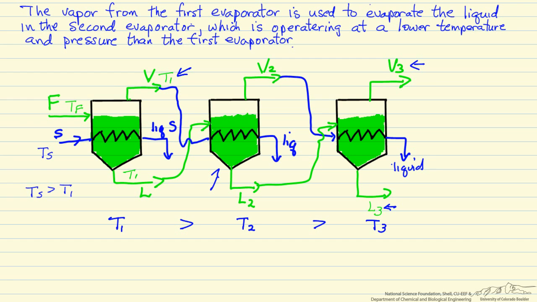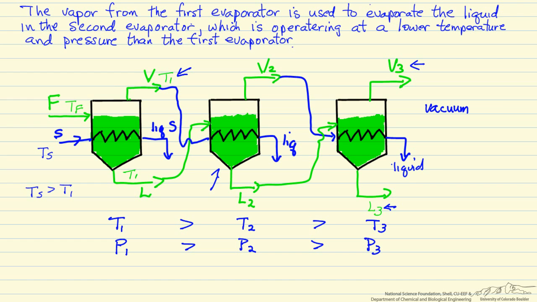If we ignore the boiling point rise due to the solute in the liquid, then we can use steam tables to also determine the pressure. If the first effect is at atmospheric pressure, or 1 bar, then the pressure in the first must be greater than the pressure in the second, which must be greater than the pressure in the third, which means we'd be running these effects under vacuum in order to create this temperature difference.